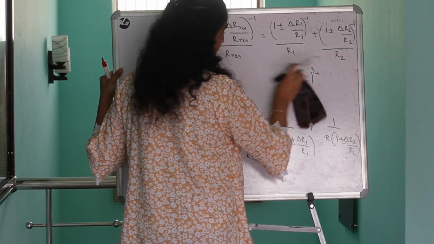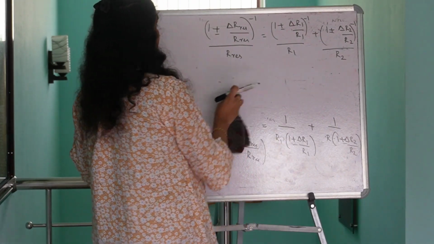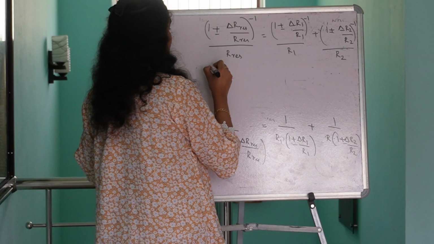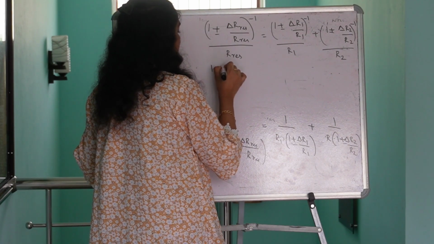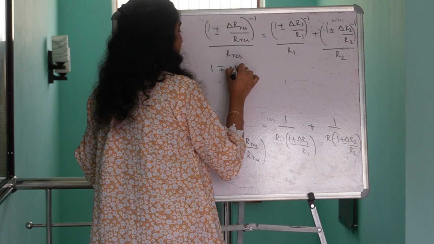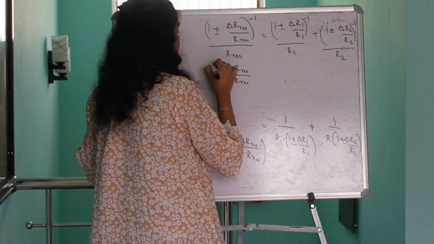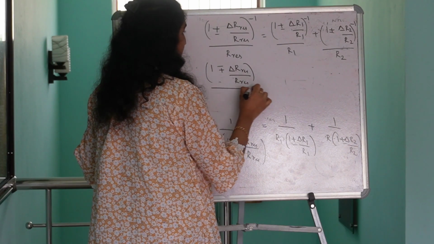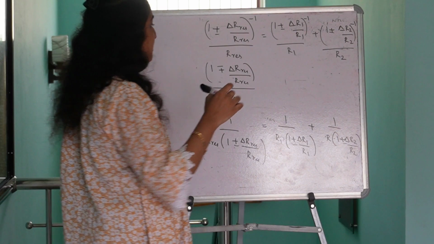Is it clear? Yes. So what is 1 plus or minus del r resultant by r resultant whole inverse? We can say 1 minus or plus del r resultant divided by r resultant, the whole divided by r resultant. Is it clear, guys?